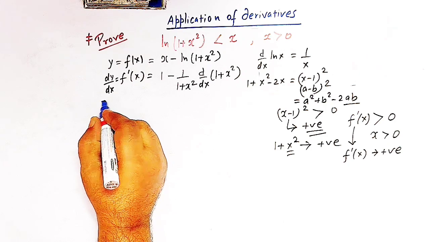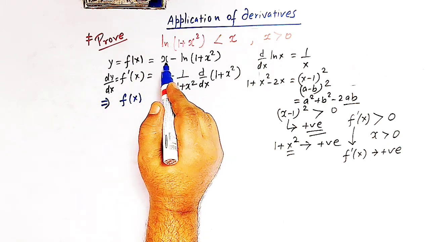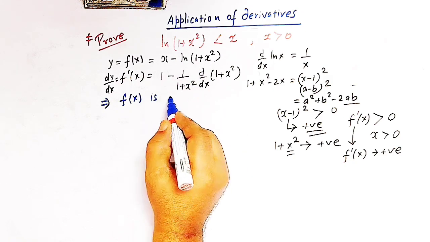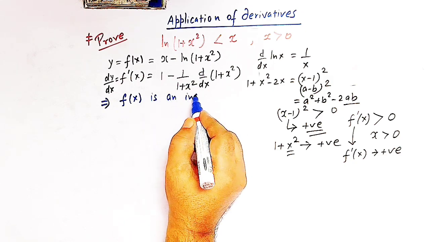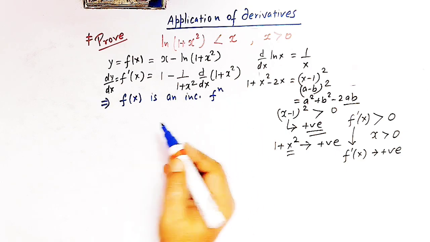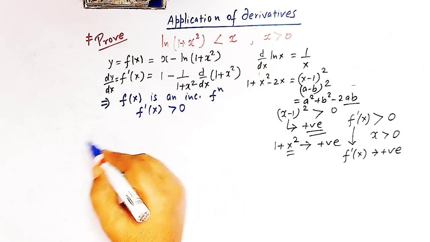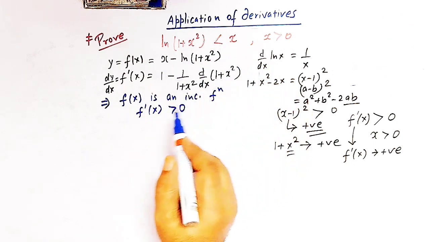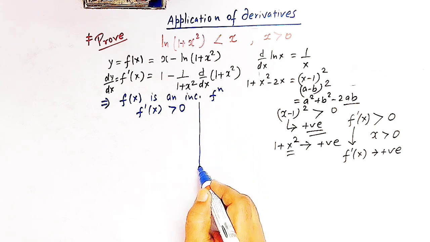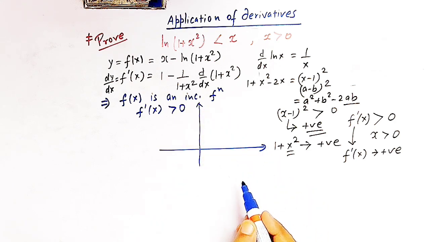So this implies that our function f of x, that is x minus log of 1 plus x square, is an increasing function, because a function is said to be increasing if the derivative is greater than 0 for the given values of x, right? Now let us quickly see another definition of increasing function.